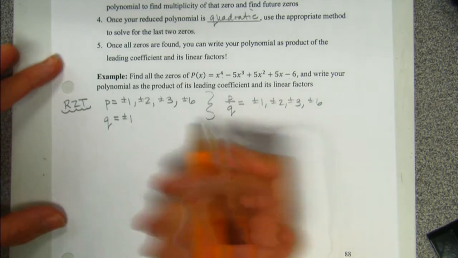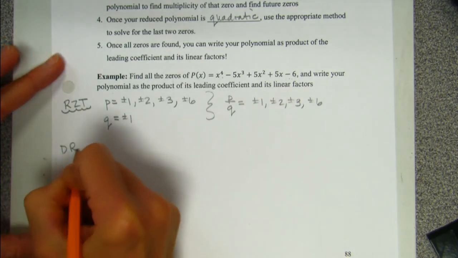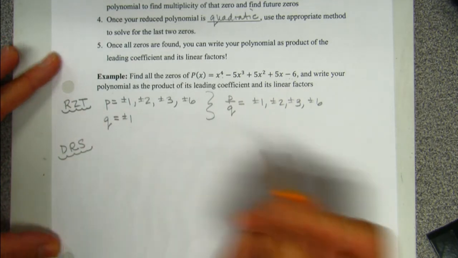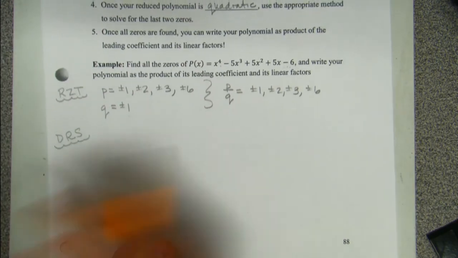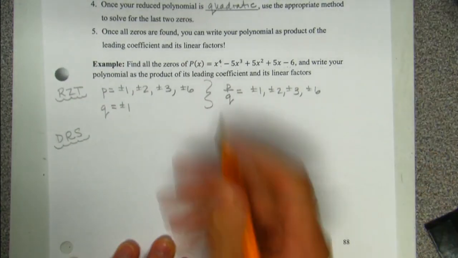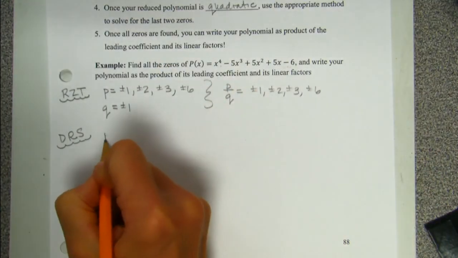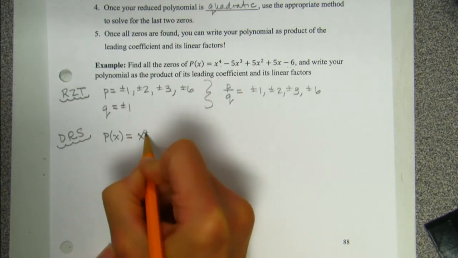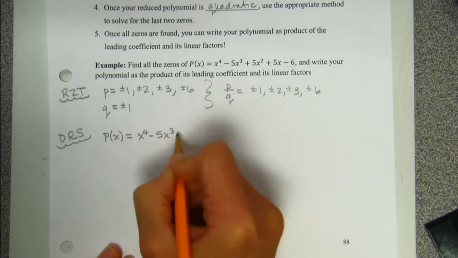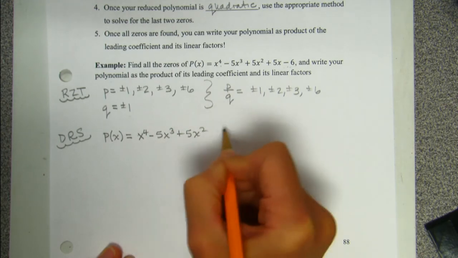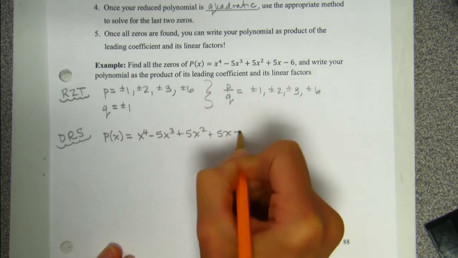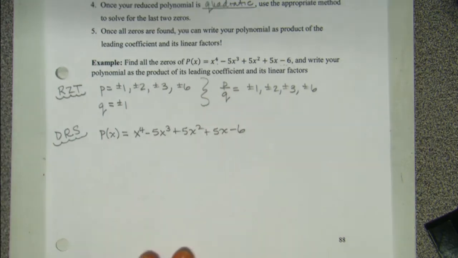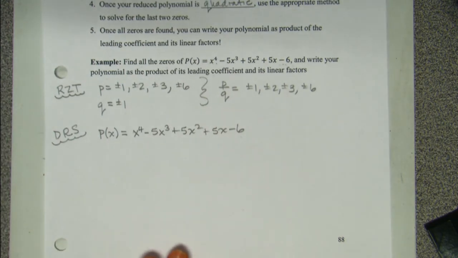All right, step 2 is DesCartes' rule of signs. DesCartes' rule of signs says, take your P of x, I'm going to rewrite it, x to the 4th minus 5x to the 3rd plus 5x squared plus 5x minus 6. I'm just rewriting it because it's easier for me to see down here.